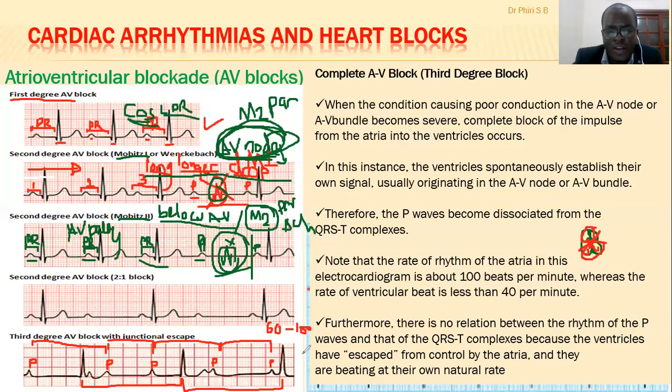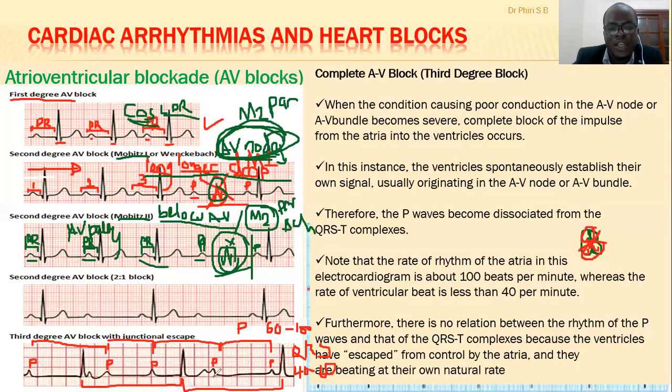So these are P waves. Then the QRS complex, there will be fewer. So there will be between 40 to 60. Why? It's because the ventricles are contracting on their own.